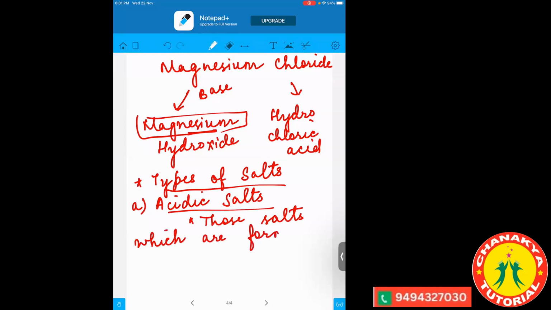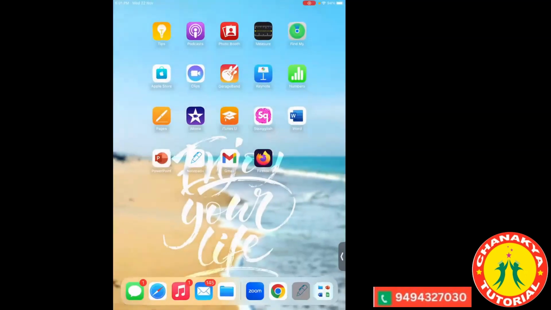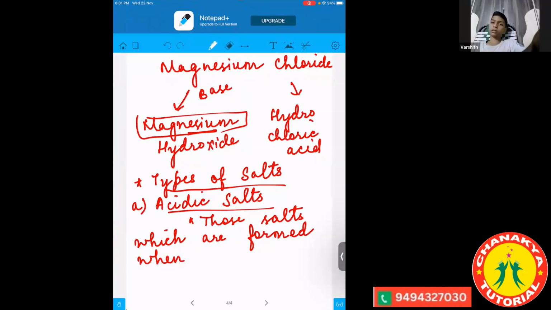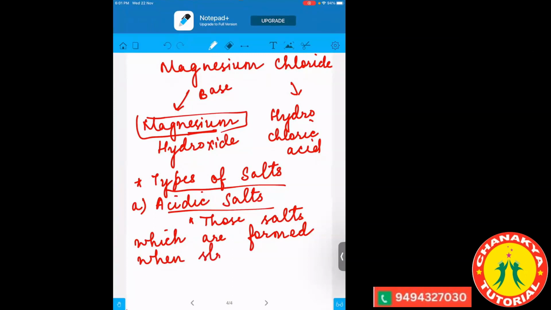when what kind of acid will react, strong or weak? In the acidic salt, what will be reacting? The strong acid or the weak acid? Strong acid. Correct. So when the strong acid reacts with what kind of base?